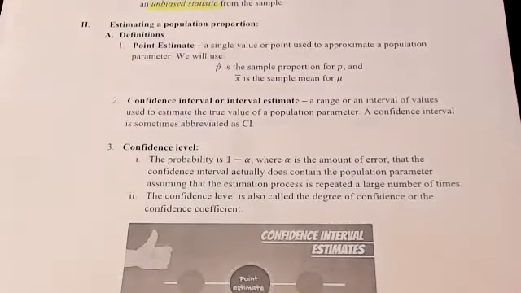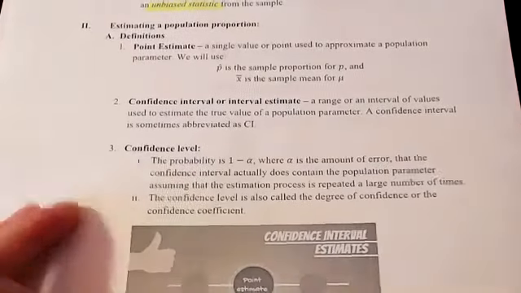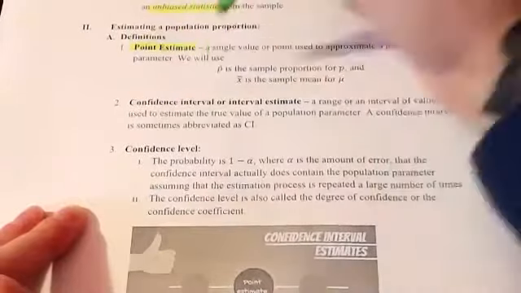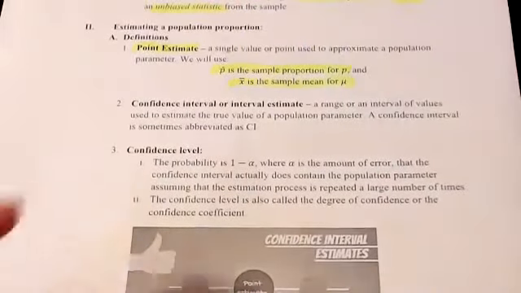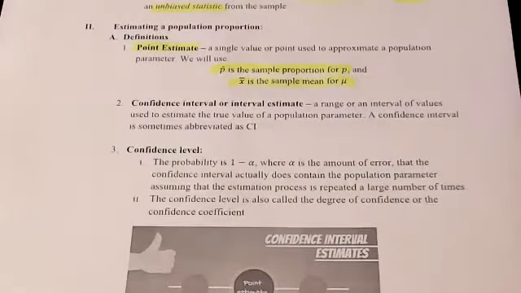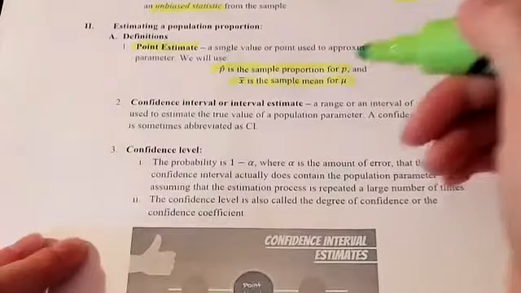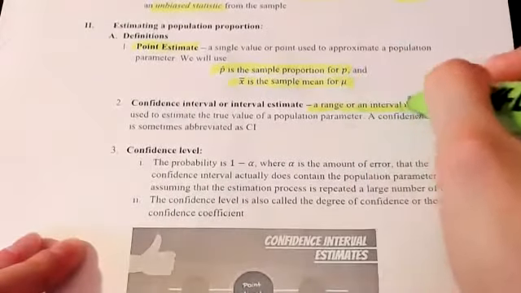Point estimate, a single value or point used to approximate a population parameter. We will use p hat is the sample proportion for p, and x bar is the sample mean for mu. Confidence interval or interval estimate, a range or interval of values used to estimate the true value of a population parameter.